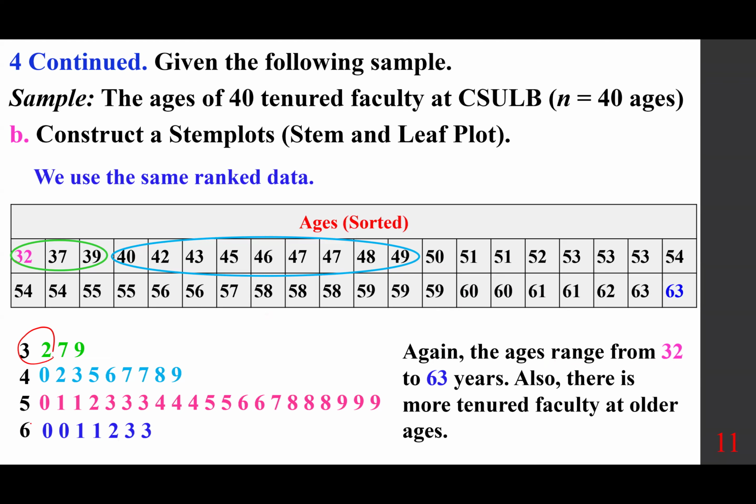And this one, 63, is the largest number. You should be able to get it from this. And having said that, again, the age range is from 32 to 63 years. Also, there is more tenured faculty at older ages. So notice 5 and 6 are larger than 3 and 4. So you have more tenured faculty at older ages.